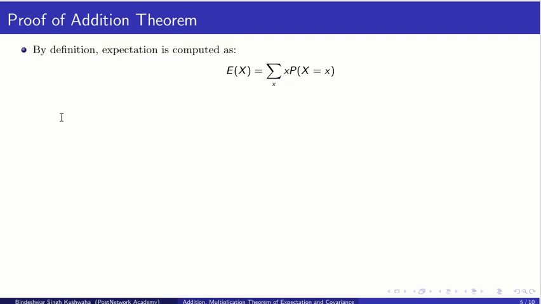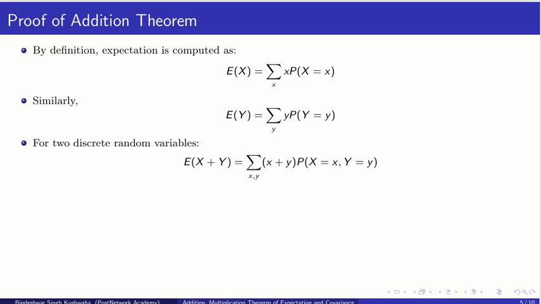Let us see the proof of the theorem. So the expected value of random variable x, you can write like this: x into the probability distribution of x, and for y you can write the same way.